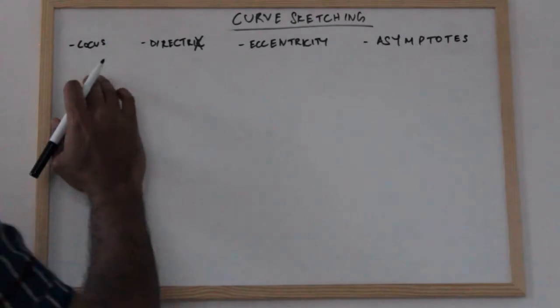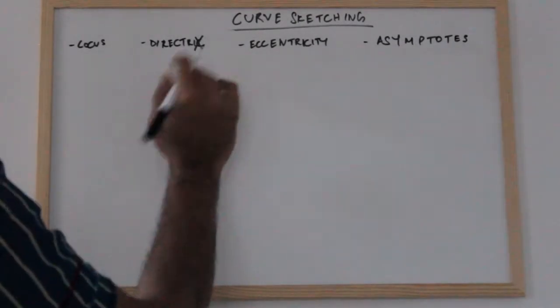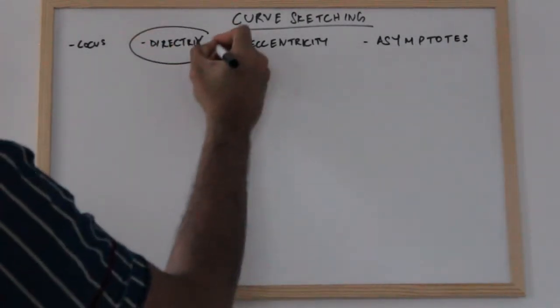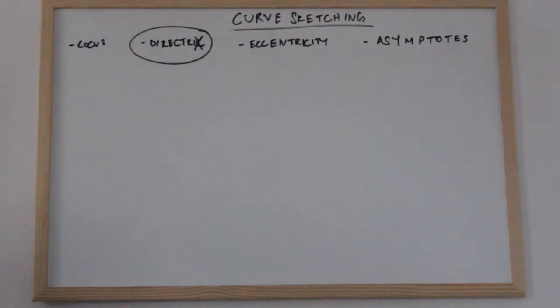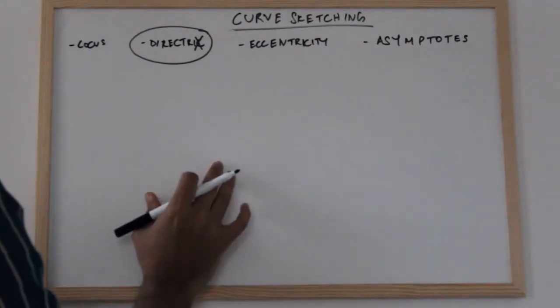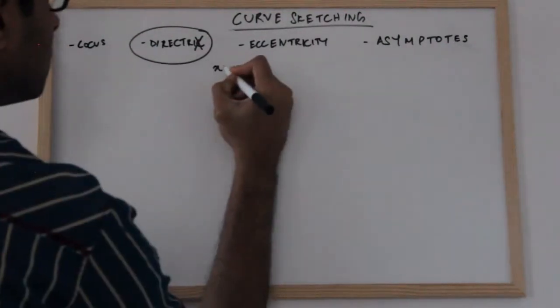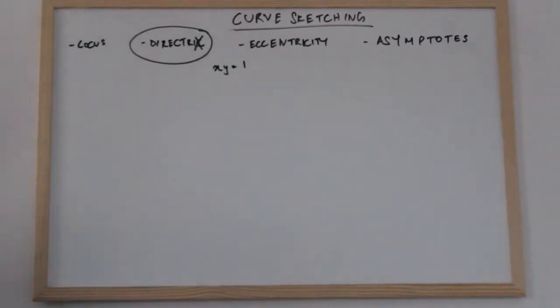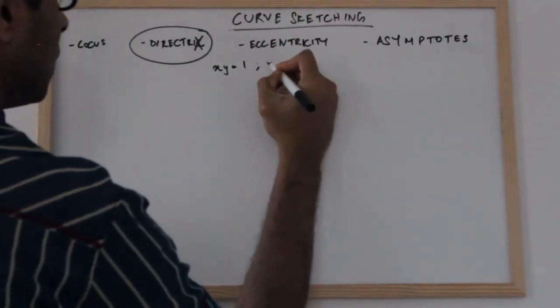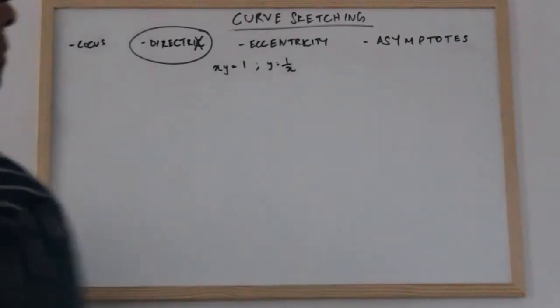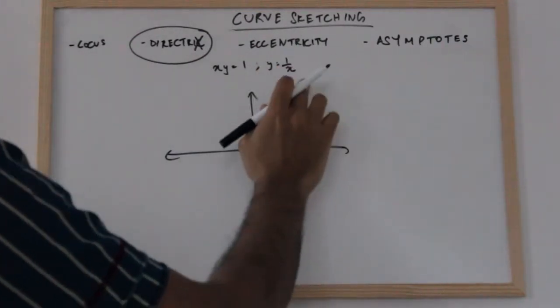Since we have explained what a locus is, we can move on to directrix. Consider a curve of the form xy equal to 1. If x is positive, y is positive; if x is negative, y is negative.